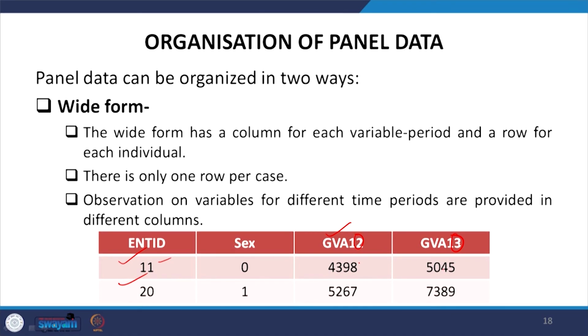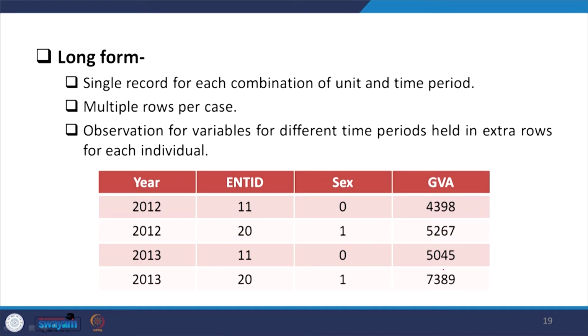But in the case of long panel the entries are kept vertically. There is a single record for each combination of unit and time period, so there are multiple rows per case. Here the year is our time unit of the panel. Now, 2012 is entered two times for the same case.